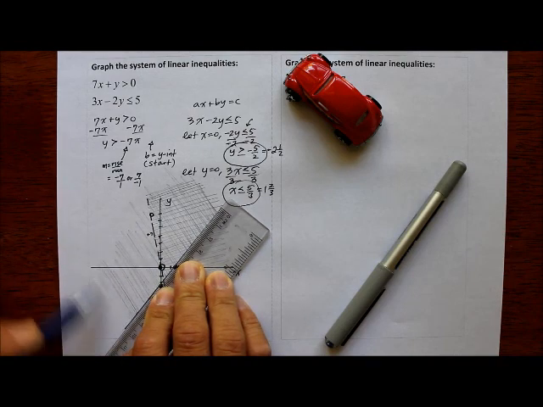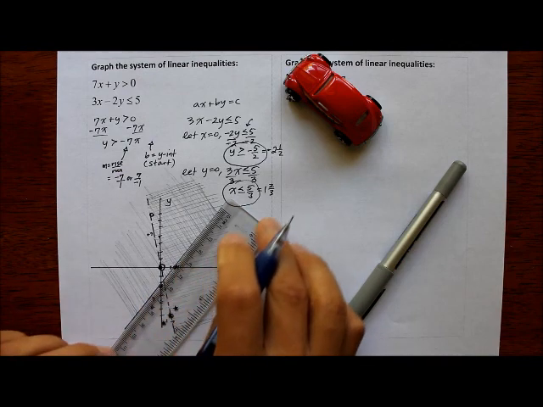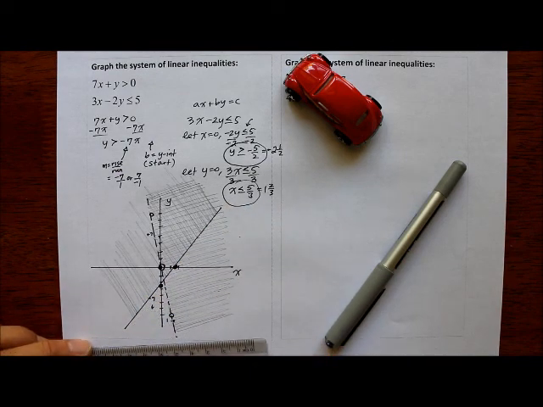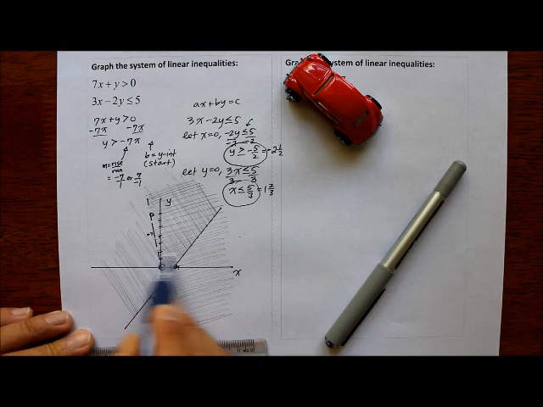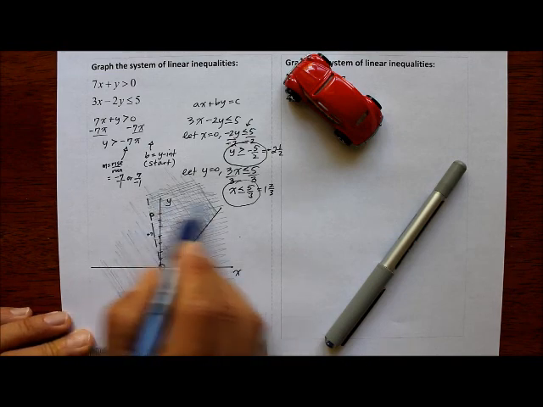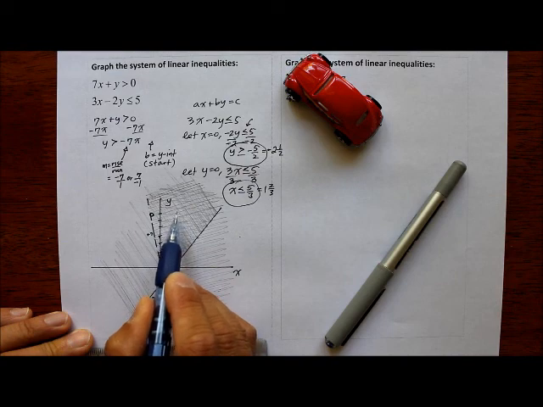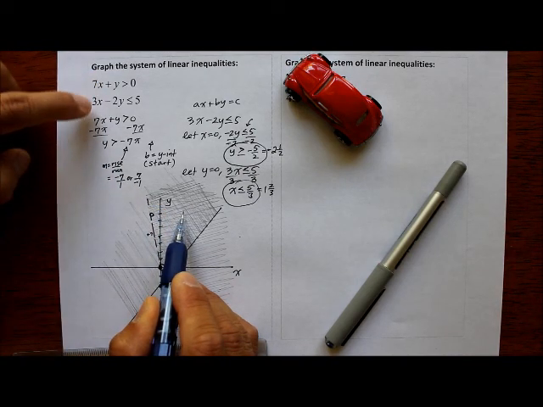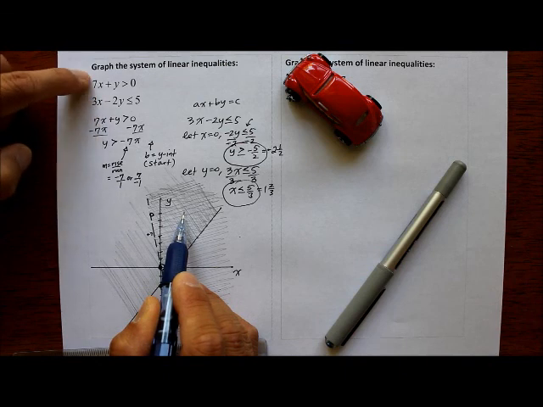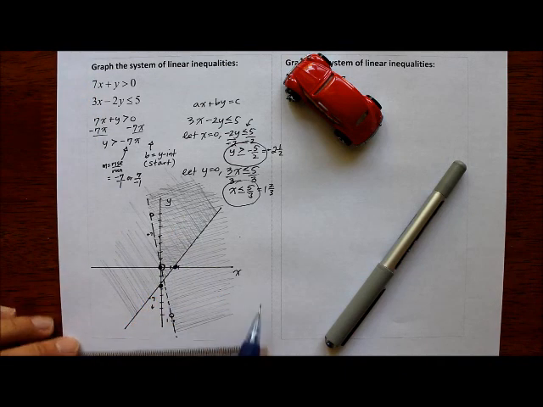So the question is now, where do the two shades overlap each other? And that is right in this region, right there. That means whatever coordinate points you choose in this shaded area, it will satisfy both the first and the second inequalities. There it is.